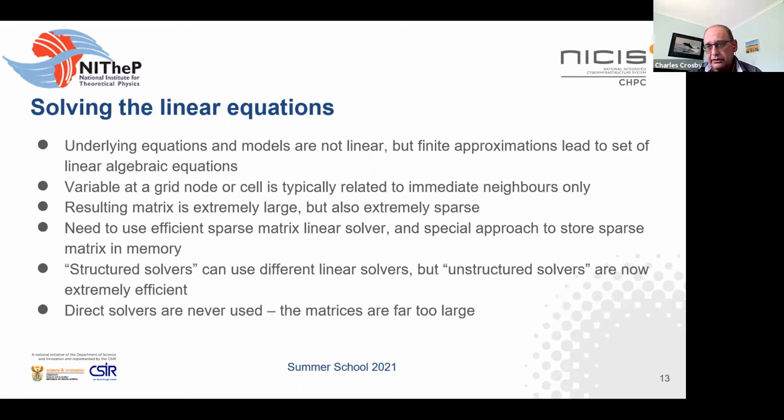Okay, so that's classifying those methods, and then the actual solution of the linear equations. If you go back to your finite difference approach to starting fluid dynamics, if you do a single one-dimensional case, it's quite easy to build up a tri-diagonal matrix algorithm to solve the equations.